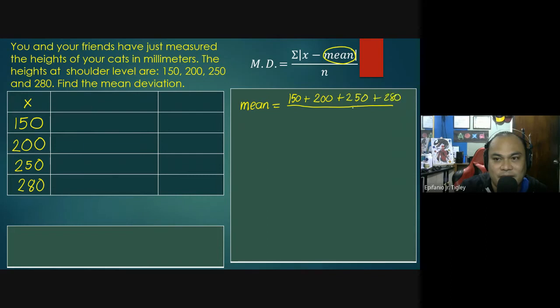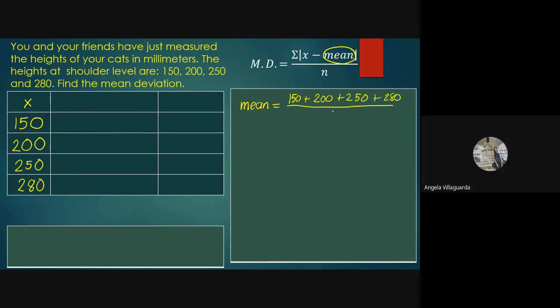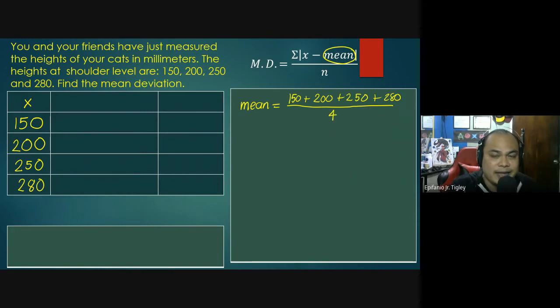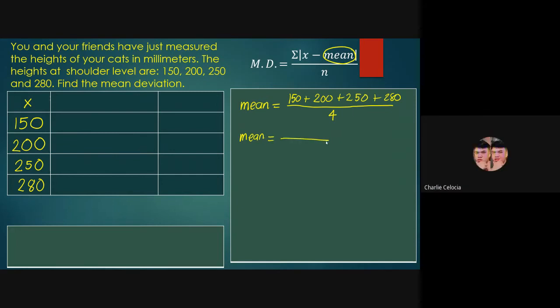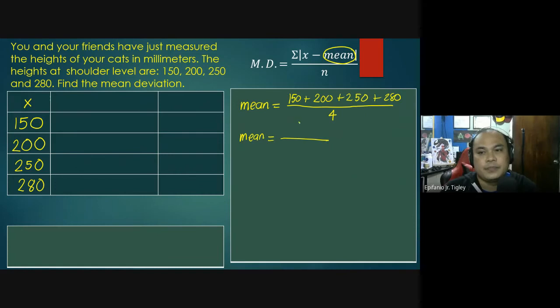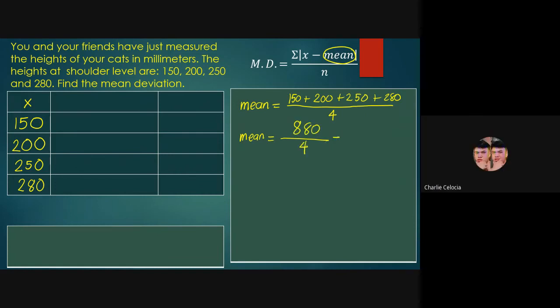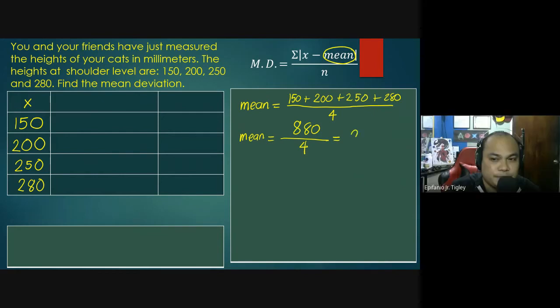What is the divisor? 4. Okay. Can I have someone use your calculator? Add all the heights there. What is the sum? 880, sir. 880 divided by 4 is how much? 220. So take note, the mean is 220.